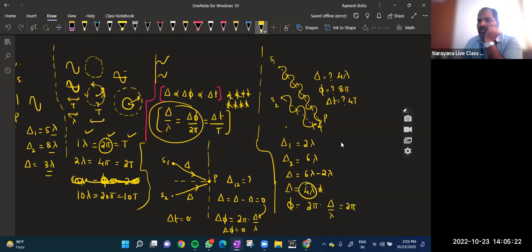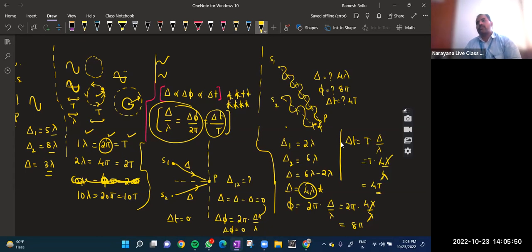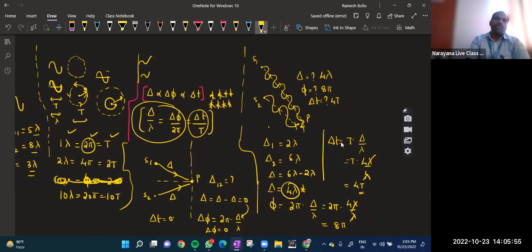Substituting 4 lambda by lambda, lambda cancels out, so 8 pi. And the time difference, from this formula, is T into path difference by lambda, 4 lambda by lambda, so 4T. This is a very important skill, students: finding path difference, phase difference and time difference between two light waves.